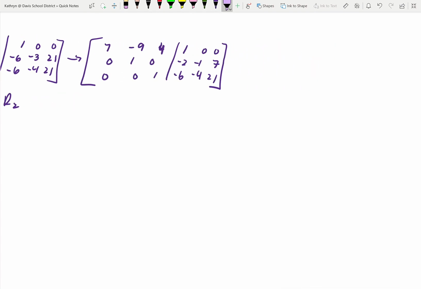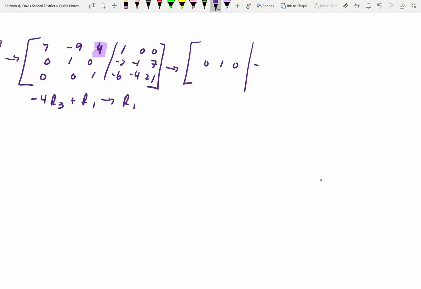The next thing I need is a 0 right there. So I'm going to go -4 times row 3, plus row 1 becomes my new row 1. So row 2 doesn't change.